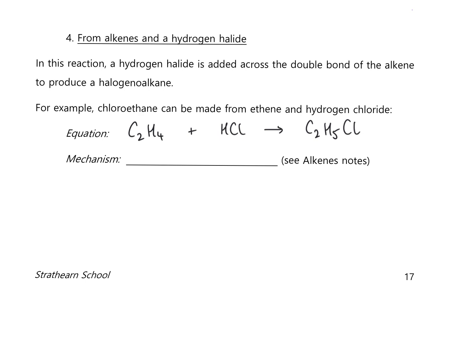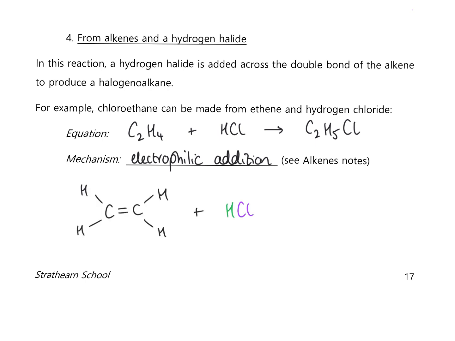That reaction happens via the mechanism of electrophilic addition. Again, that's something you should be able to recall from your alkenes topic. Briefly, let me draw the structural equation for this reaction. So if we had ethene reacting with HCl, you could even test yourself at this point, could you draw your curly arrow mechanism for this reaction?